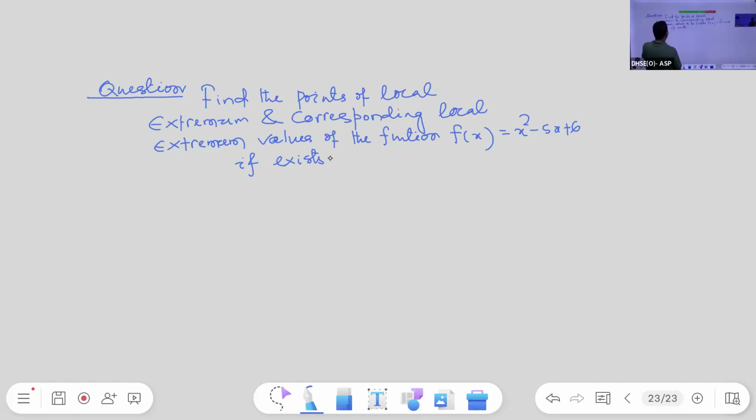Okay, find the points of local extremum and corresponding local extremum values of the function f of x is equal to x square minus 5x plus 6, if exists.